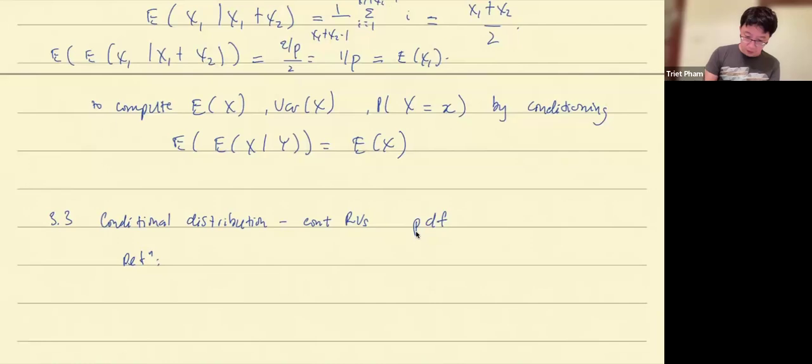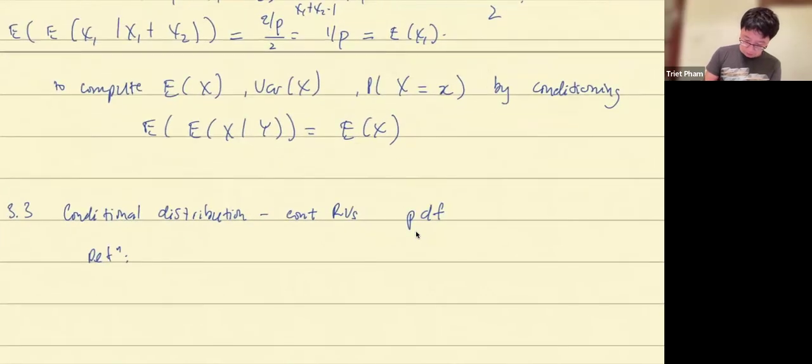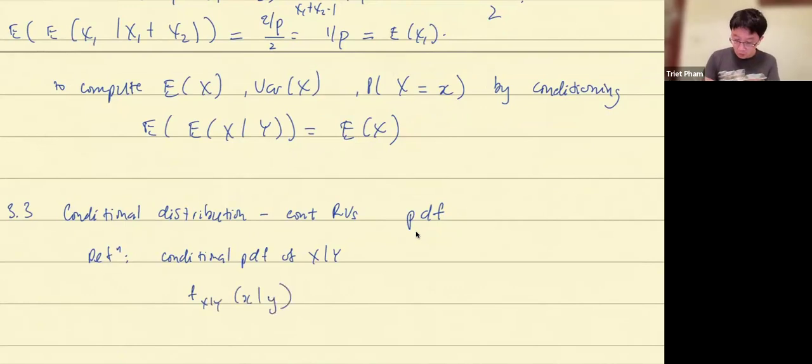So conditional PDF of x given y, denoted as f_{X|Y}(x|y), will be the joint PDF divided by the marginal PDF.